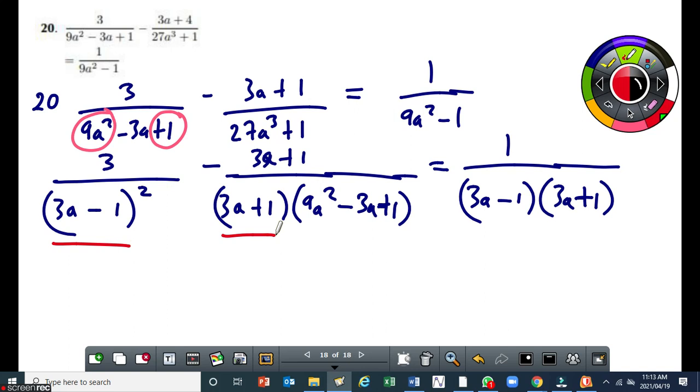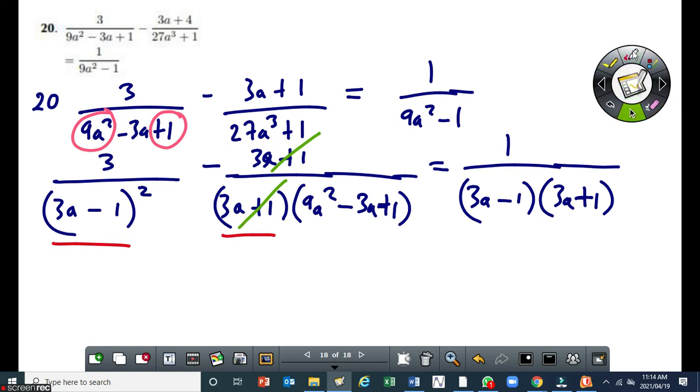But here, I can cancel this 3a plus 1 and that 3a plus 1 because there is division there. If I do that, it will make things a little bit easier. So I'll end up having 3a minus 1 squared. I've got another 3a minus 1 here.